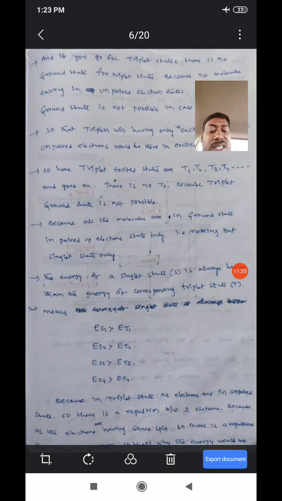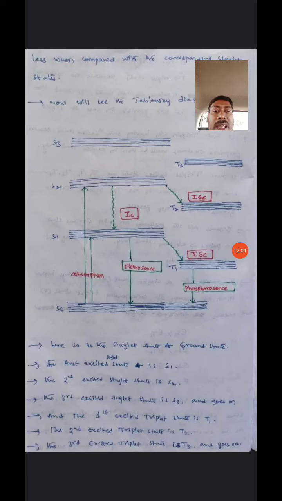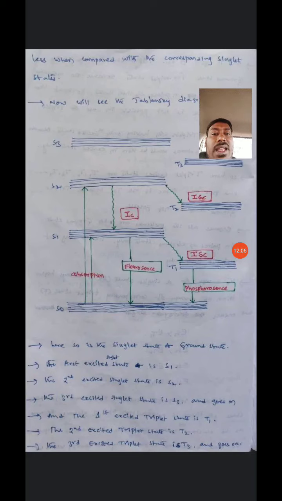Because in triplet states the electrons are unpaired with the same spin, there is a repulsion between the two electrons, so the energy would be less when compared with the corresponding singlet state.